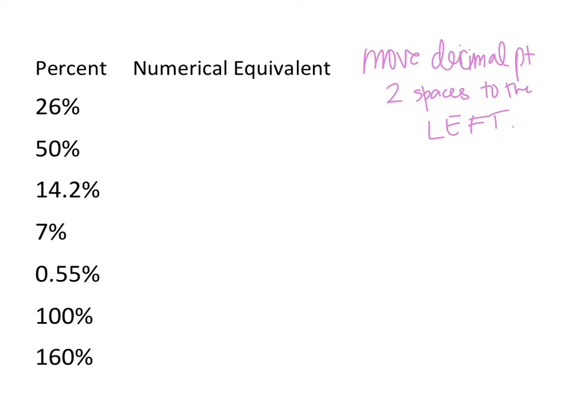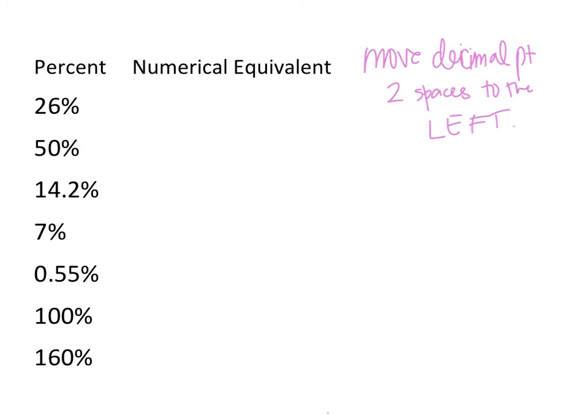Okay. So if I have 26%, I know 26. If there's no decimal point, I know it's at the end, right? So if I was to move that 2 times, 1, 2, it would be in front of the 26. So we have 0.26. For 50, again, it's at the end. So we have 50, dot, 1, 2. We have 0.5 or 0.50, but we usually will just use 0.5.